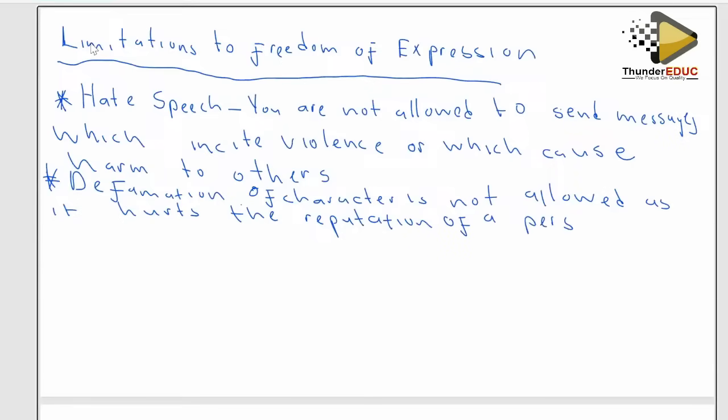For example, spreading false rumors about a particular person is also prohibited.